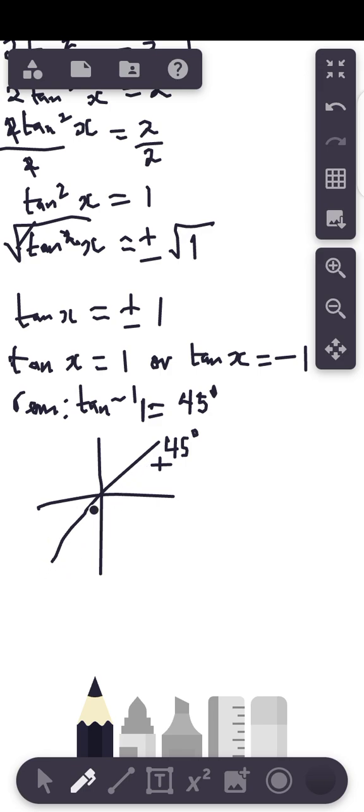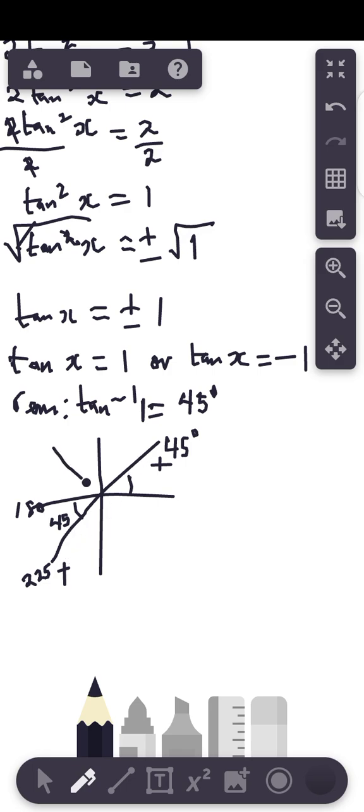Also, in the third quadrant, we add 45 to 180, that will give us 225. Tan is positive in the first quadrant, tan is positive in the third quadrant.